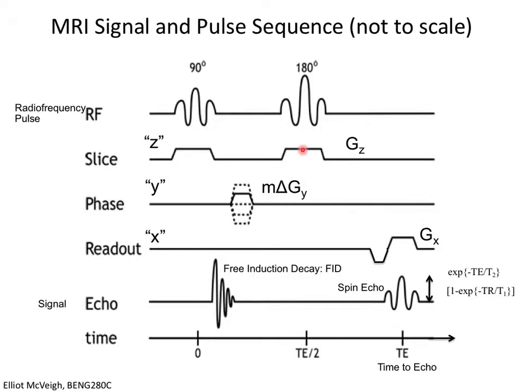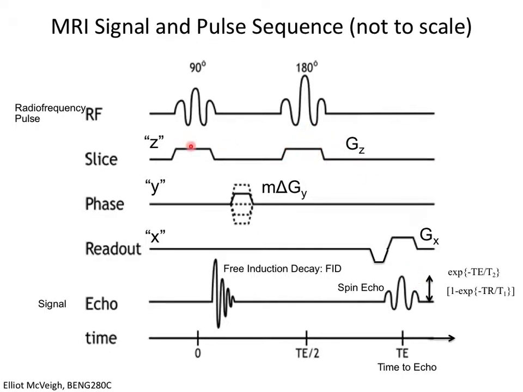I then apply another RF pulse to refocus the magnetization vectors affected by magnetic field inhomogeneities. They'll be oscillating at slightly different frequencies. So I produce a spin echo over here with this 180.